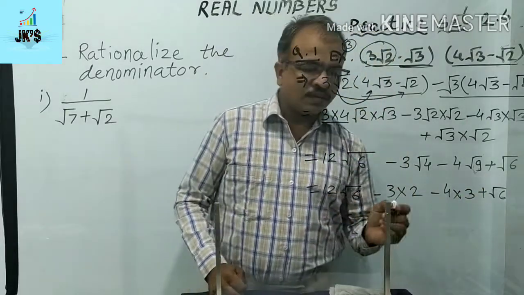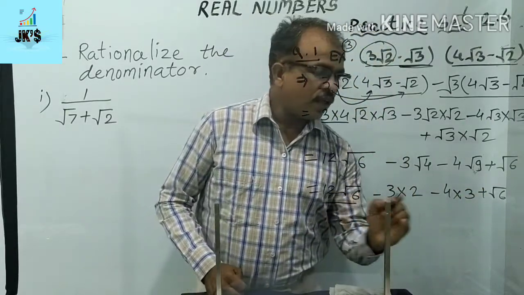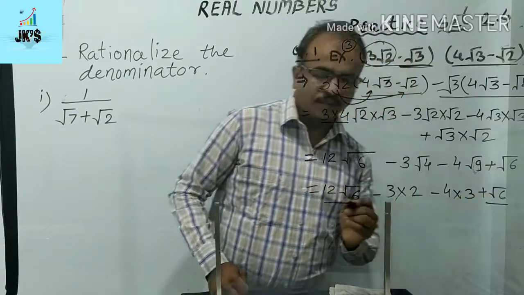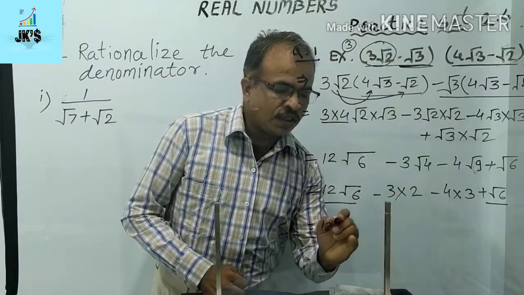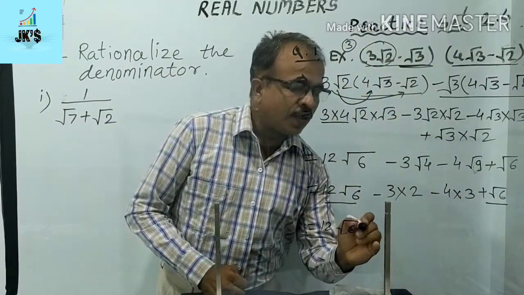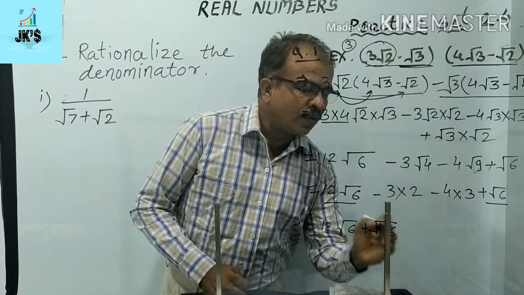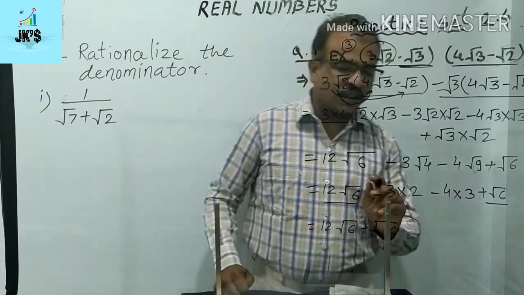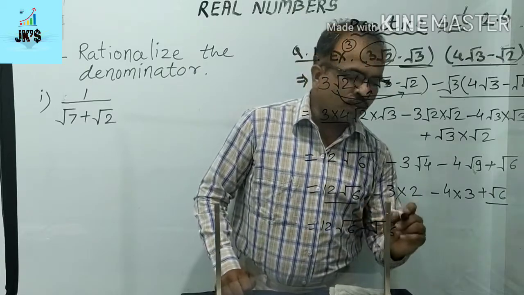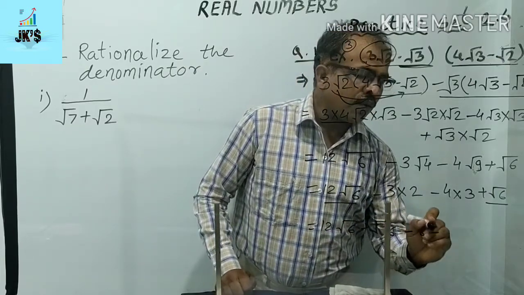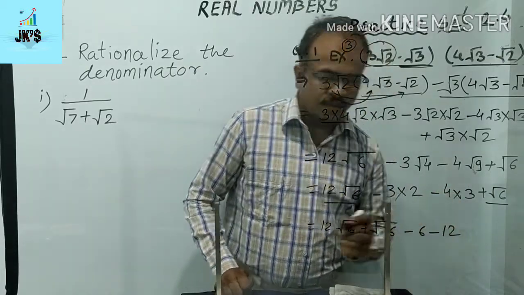Now collect the like terms here. 12√6 plus √6, minus 3 into 2 is 6, minus 4 threes are 12.